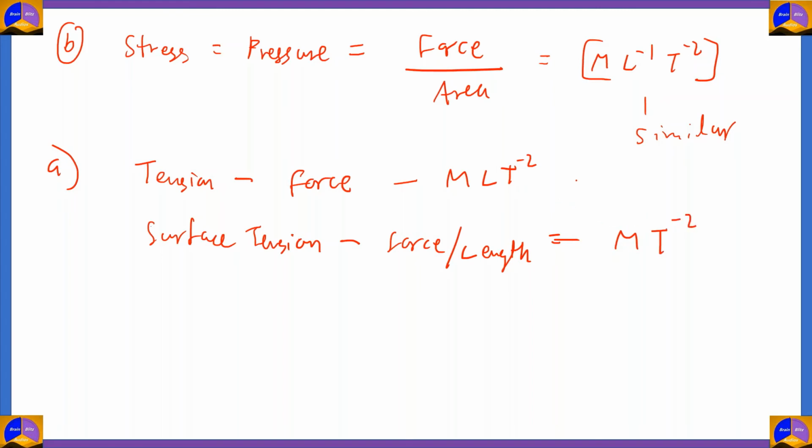So as you can see, both are different. So that means option A is the right answer because these are not the same. Tension is not same as surface tension.